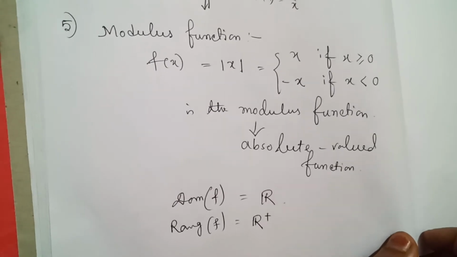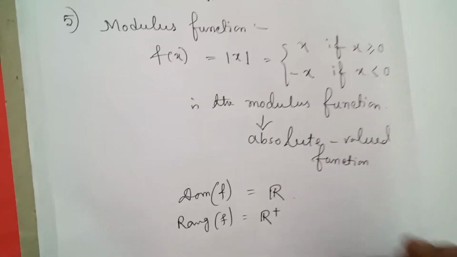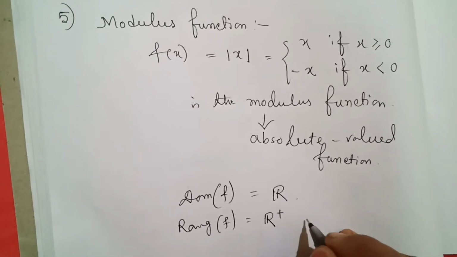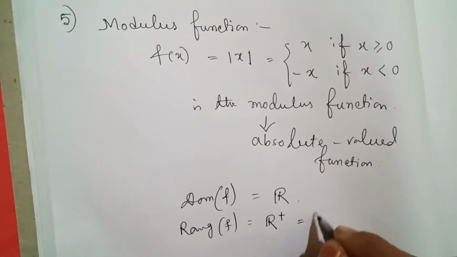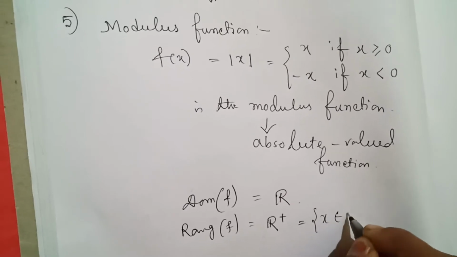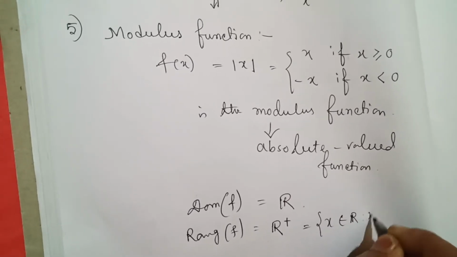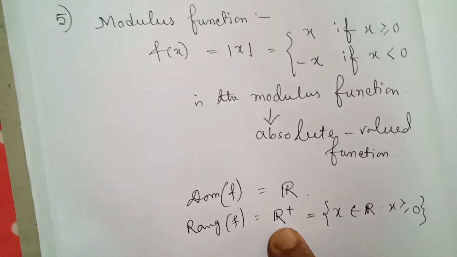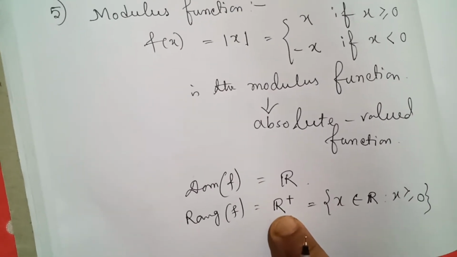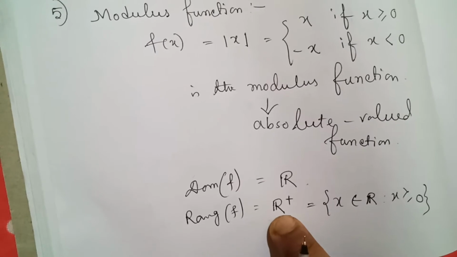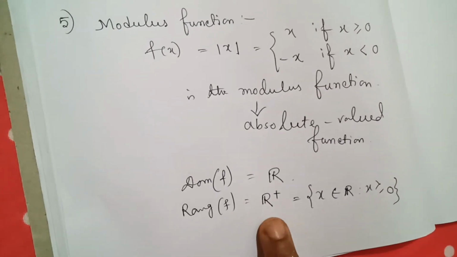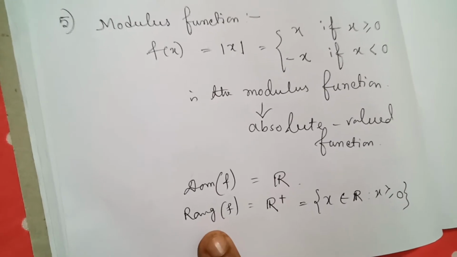Why? R plus means one thing, that it includes 0. So I'm just writing like this, x greater than or equal to 0. Obviously you are thinking that R plus means only positive reals, just I am including 0. Then this will be the range of f.